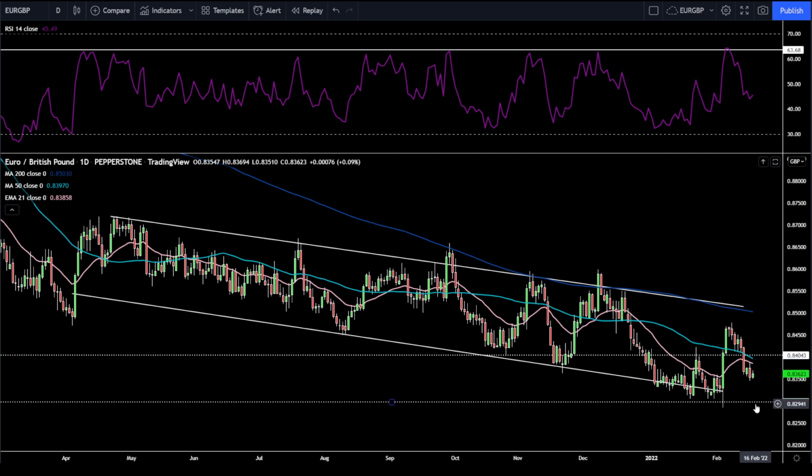We've got the two moving averages as well as that round number of support, 0.84. Below there, 0.83 remains a target. I wonder if that'll ever be broken. It's never been broken since the Brexit referendum. It's a major, major key support. So yeah, that's interesting. The RSI can't really gain too much from where it is lately. It's in a bit of no man's land.